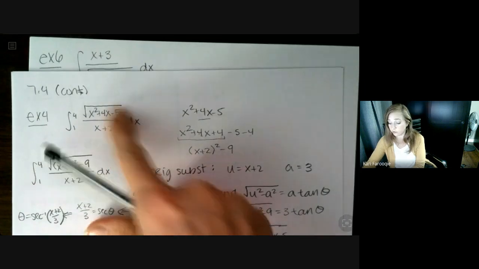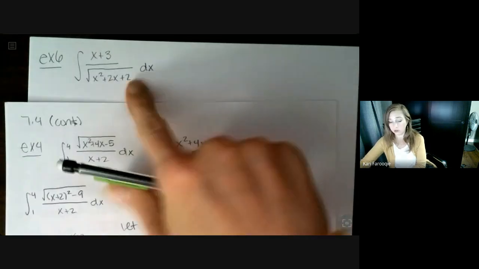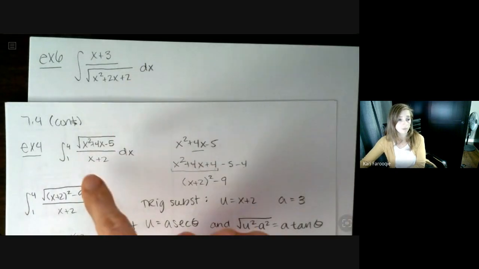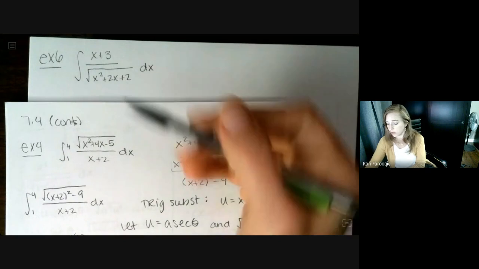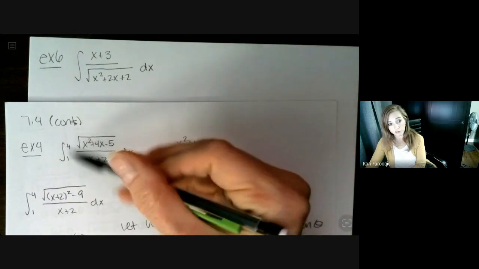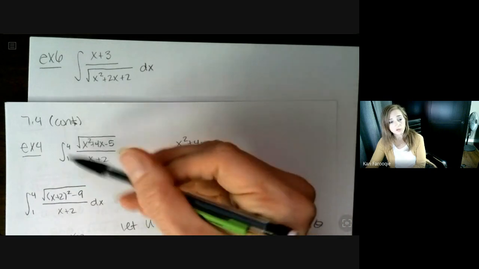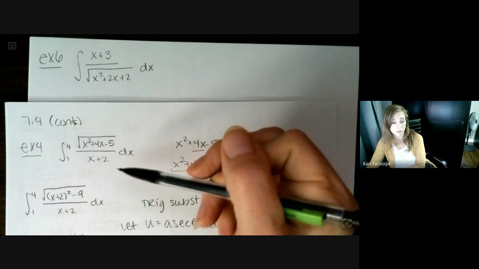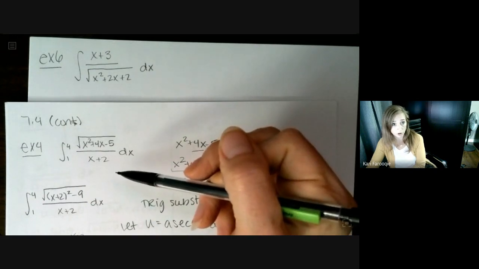So if these were switched, you'd have a situation similar to example 6, with your radicand in the denominator and your linear function in the numerator. But because they're not, and you have the radical in the numerator for example 4, that's sort of keying you into like this can't be a u substitution. It has to be a trig sub problem.